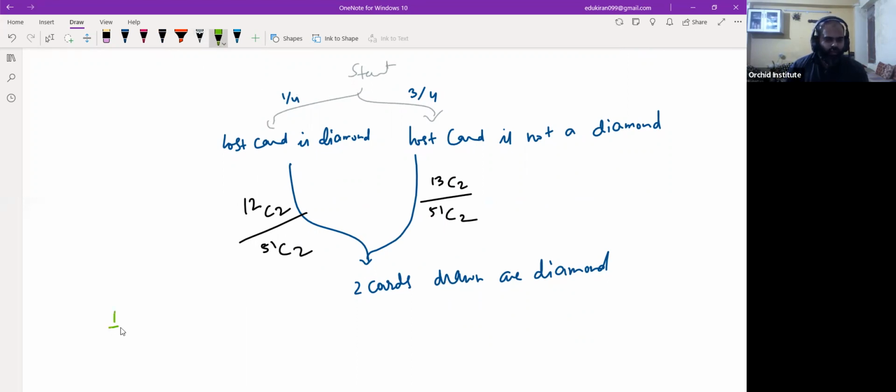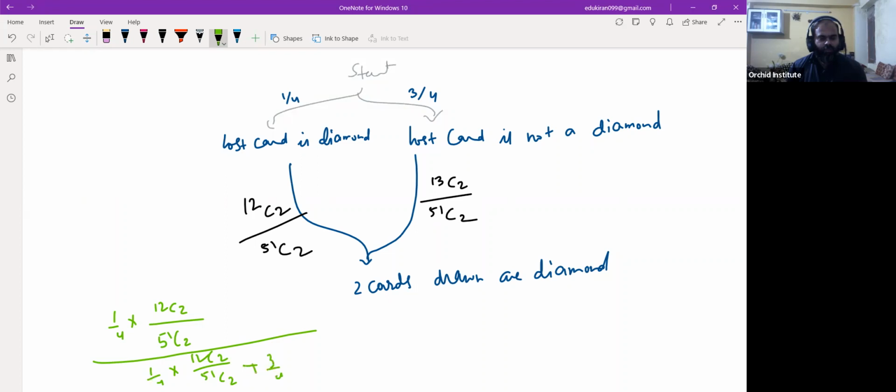So 1 by 4 into 12 C2 by 51 C2, upon 1 by 4 into 12 C2 upon 51 C2, plus 3 by 4 into 13 C2 divided by 51 C2. So this is how you will write it. Now 4 will be cancelled and also 51 C2 will be cancelled.